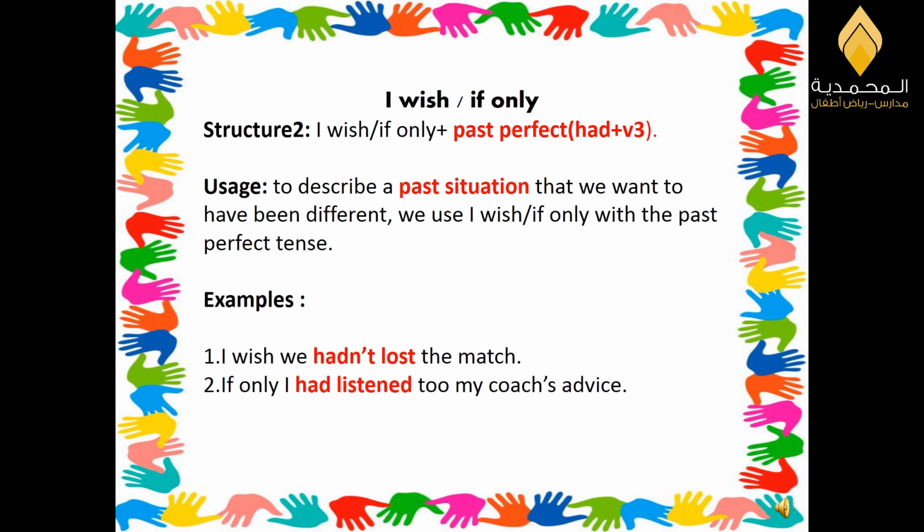Okay, things will be different. So, did I listen to my coach? I did not. So, I wish, okay, that this past situation had been different. Okay, guys, that's why I'm using had plus verb 3. Listen, I'm using past perfect.